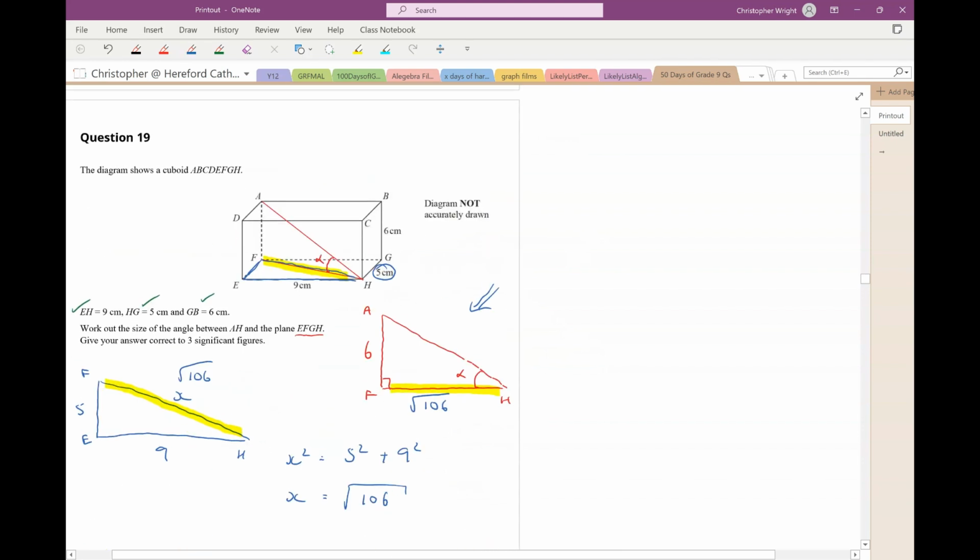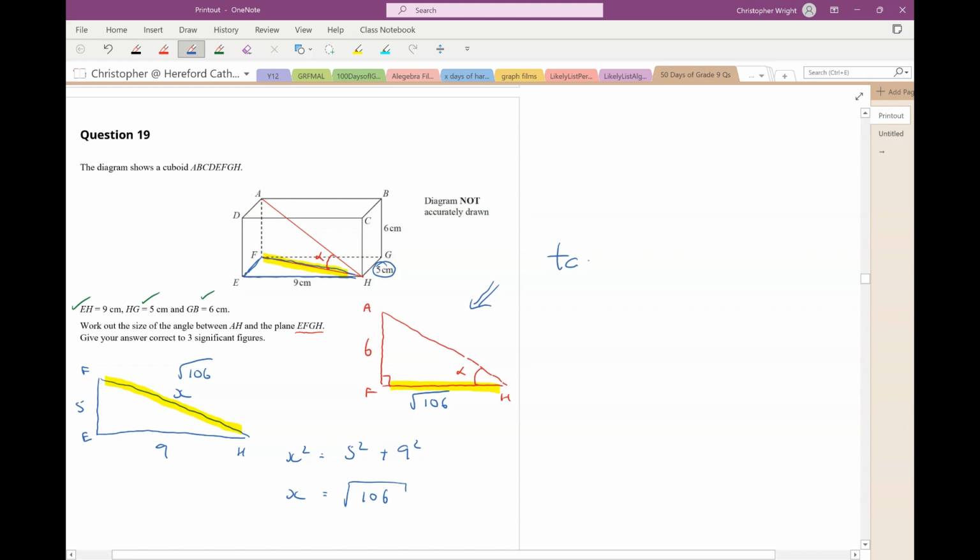So I'm going to have tan alpha, tan my angle, is the opposite over the adjacent. Brilliant, I think I've got it now. So on my calculator, I'm going to go 6 divided by the square root of 106 equals, shift tan equals, to give me my answer for alpha.